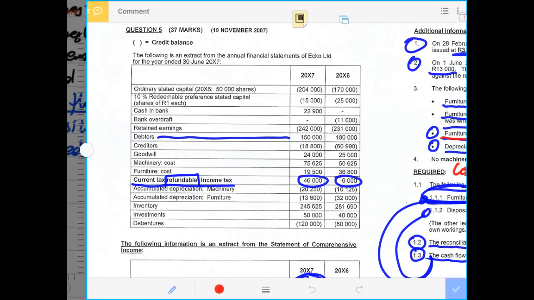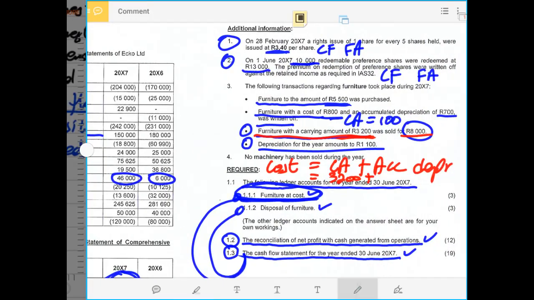Go to the balance sheet now. In the statement of financial position, we do have accumulated depreciation for furniture. And that accumulated depreciation is for all the furniture, not only for the furniture that was sold for 8,000. So we need to open a ledger account for accumulated depreciation so that we are able to get the accumulated depreciation for the furniture in the third bullet point, which was sold for 8,000, of which the carrying amount was 3,200.